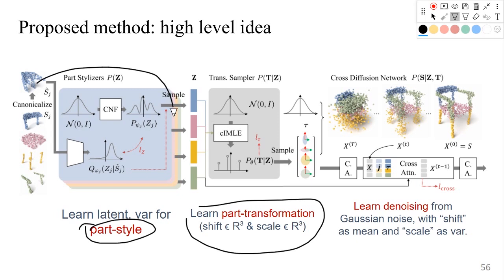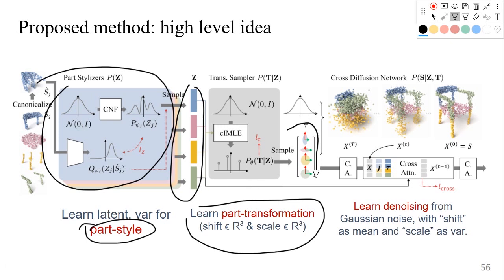Okay, so after we have this latent variable representing the style of the part, and this latent variable representing the size of the shape, we can use these two as the conditional input to the diffusion network to generate this original chair here.